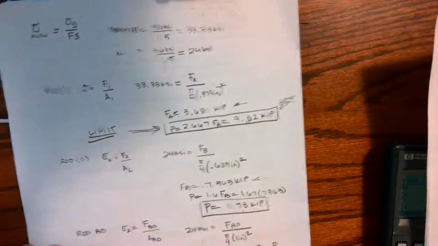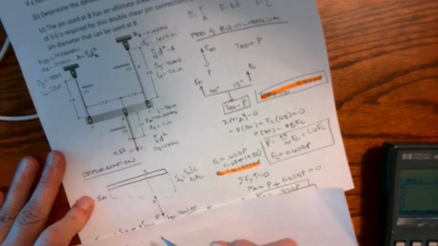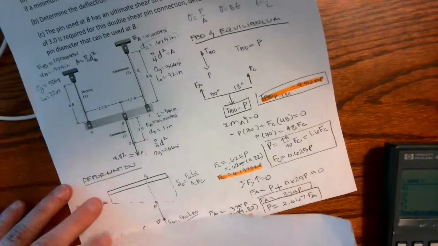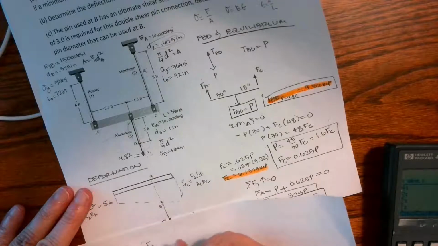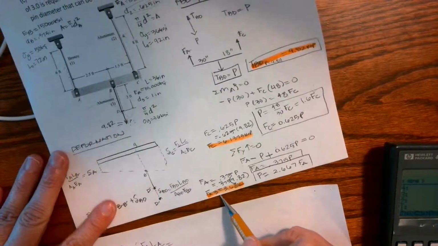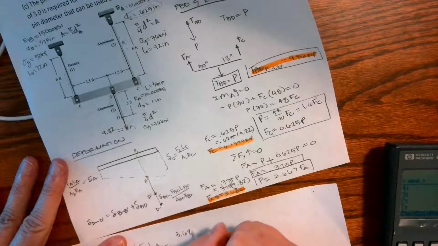So now I have to go back and figure out all of my deltas. Okay, so I'm going to come back to this page, which has my information. Delta A equals force of A, length of A, area of A, E of A. My force in A was 3.68 kips.